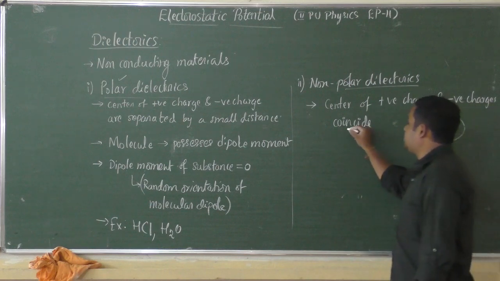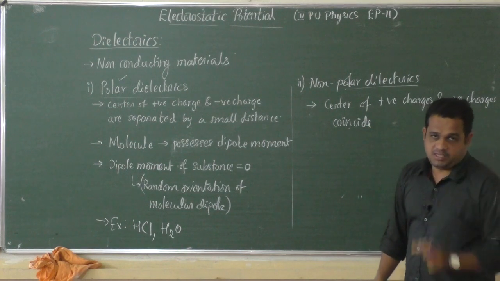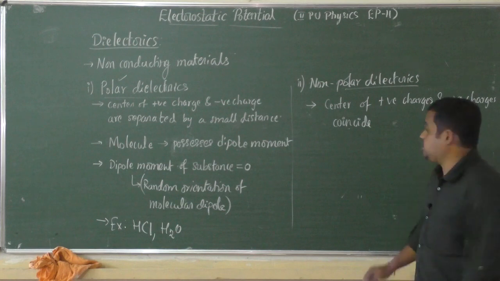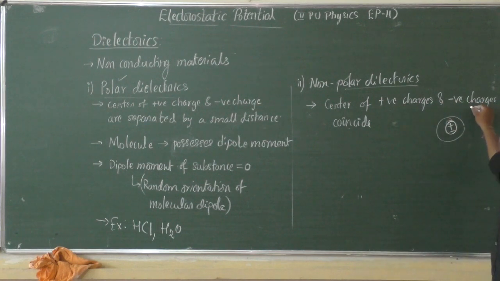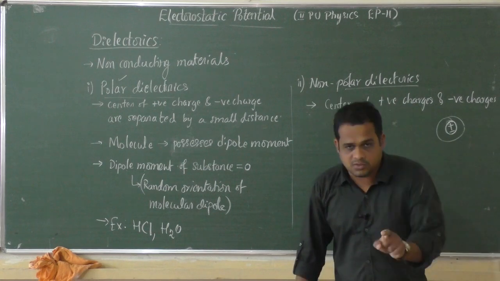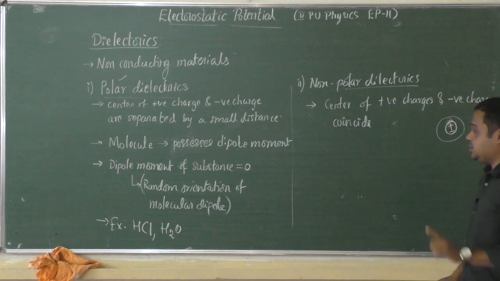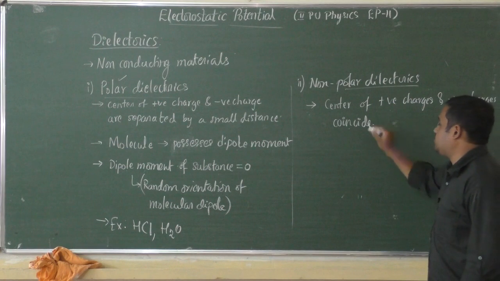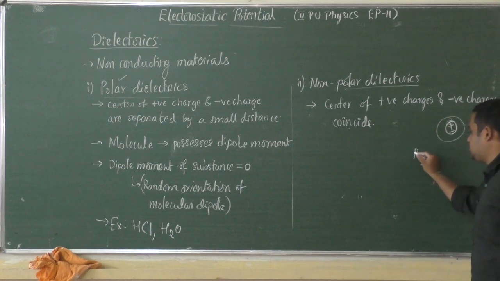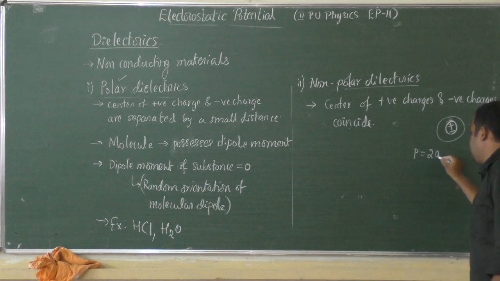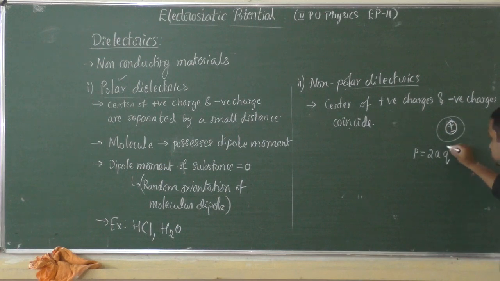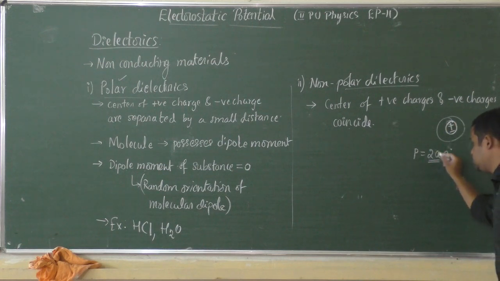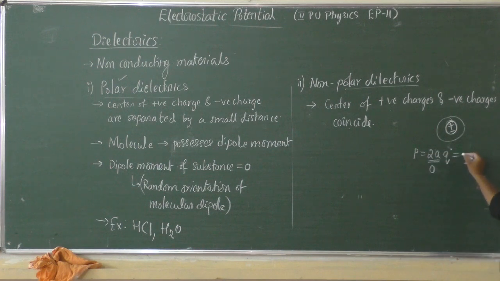What is the effect of this? Coincide means there is no separation between the positive charge and negative charge. If there is no separation, the dipole moment is given by 2a into q. Here q is not equal to 0, but there is no separation, that means 2a is equal to 0, therefore the dipole moment will be 0.